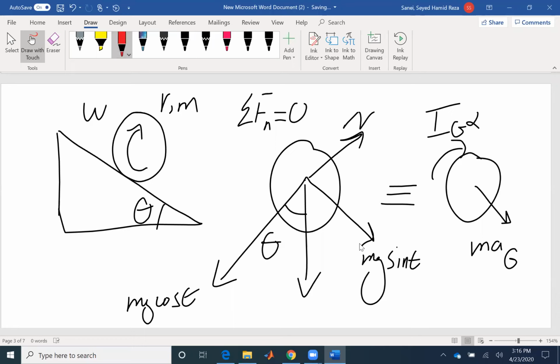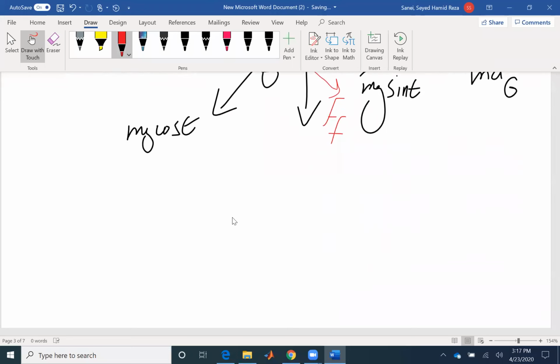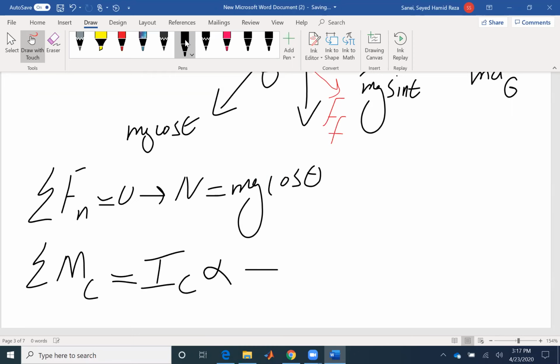Again, I don't know the direction of the friction force, so I'm going to draw it in both directions, and call it the force of friction, F. So I need to write my equations now in 2D. I have 3 equations. The summation of forces in N gave me N equals mg cosine theta. The summation of moments about point C will give me I_C alpha.